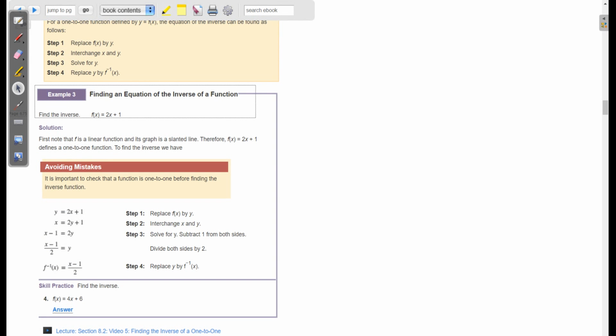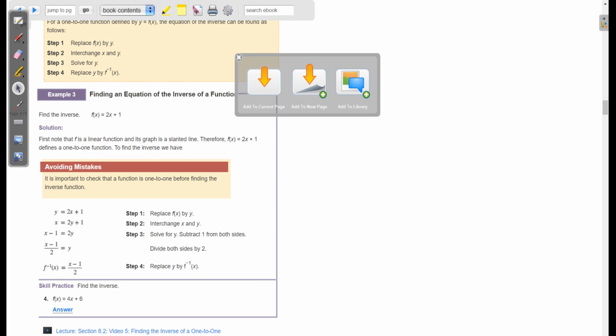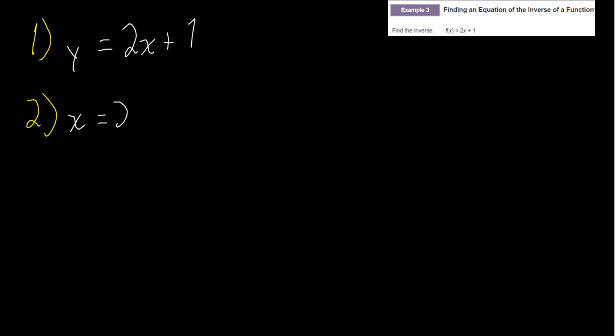Find the inverse function. Just following along with the steps. Step 1, if you recall, is to change f of x into y. So we're going to say y is equal to 2x plus 1. Step 2 is to interchange x and y. Step 3 is to solve for y.